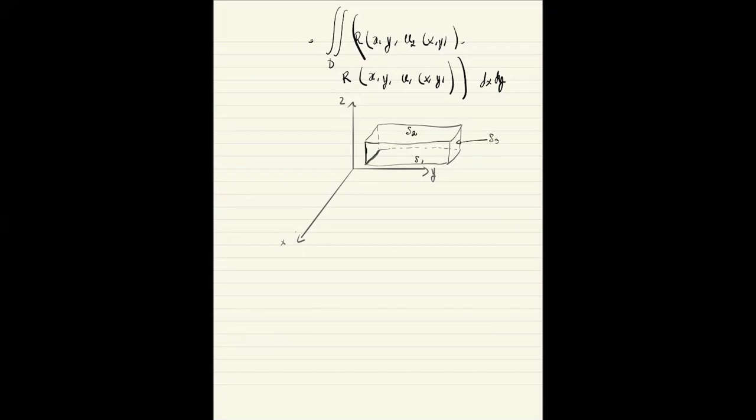We suppose that it's a type 1 region, meaning that when you project the whole solid, it gives you some region here, D. For each point, it's between U1 and U2: the bottom surface is U1, the top surface is U2.